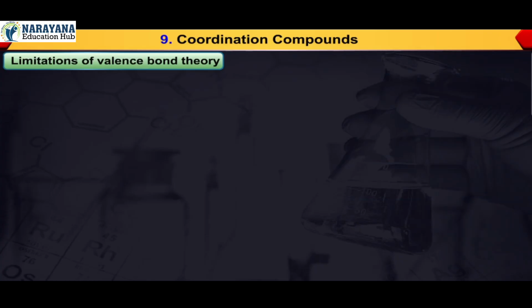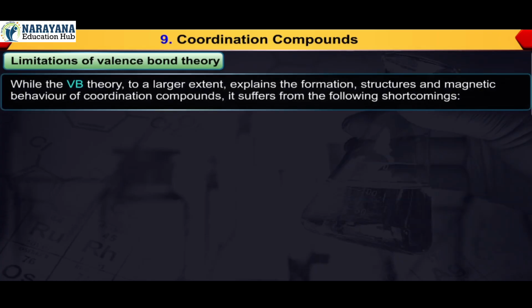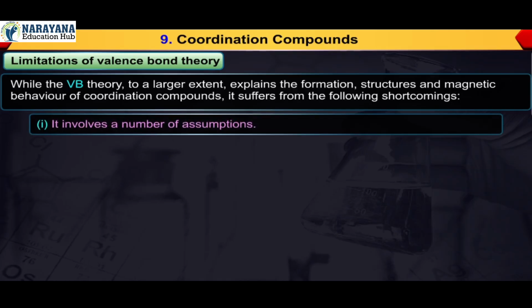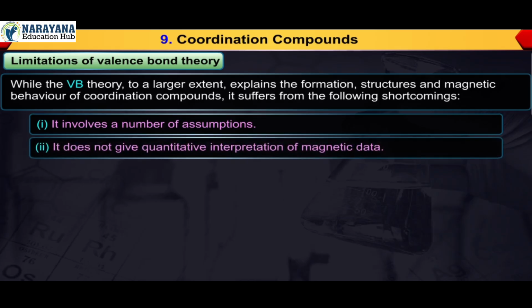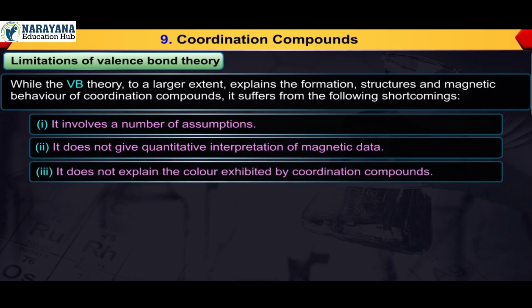Limitations of valence bond theory. While the VB theory, to a larger extent, explains the formation, structures, and magnetic behavior of coordination compounds, it suffers from the following shortcomings. 1. It involves a number of assumptions. 2. It does not give quantitative interpretation of magnetic data. 3.